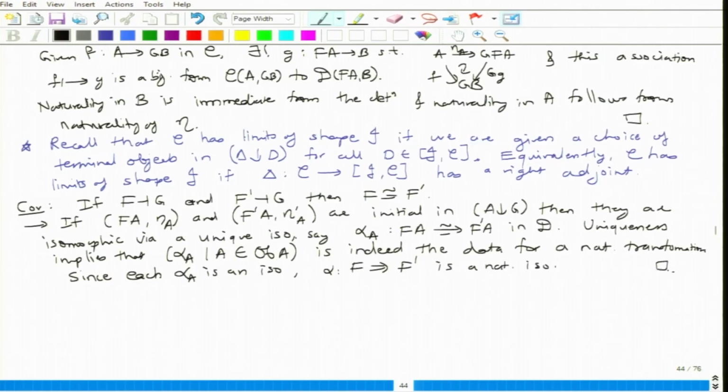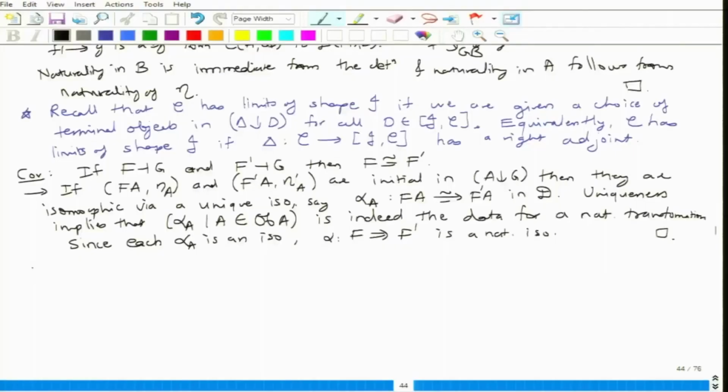So earlier we were not sure, if at all a left adjoint exists for a given functor, whether it is unique or not. And this particular corollary of this theorem states that adjoints are unique up to unique isomorphism.